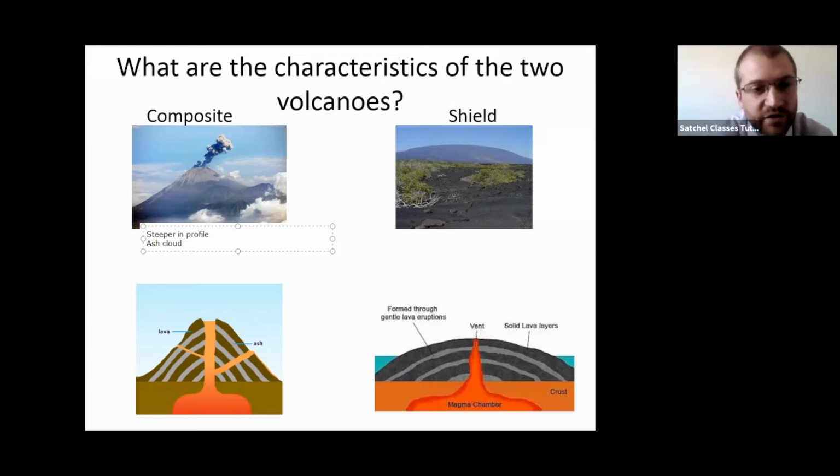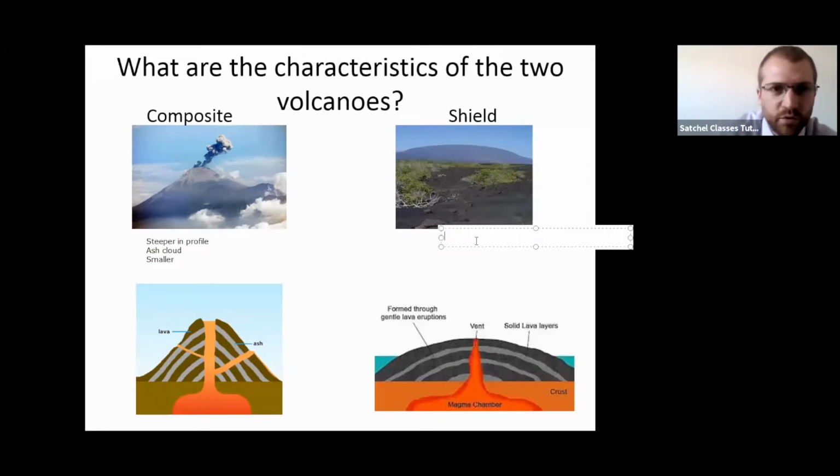And we could say that they were potentially smaller in size from how that image looked. Now, that's what we had on that last slide. So if we continue towards the shield side, we were looking at a gentle profile.